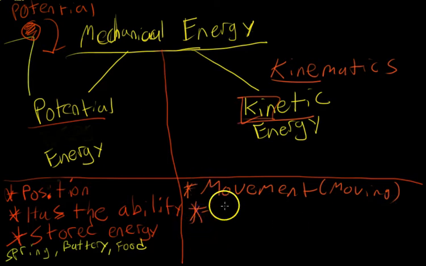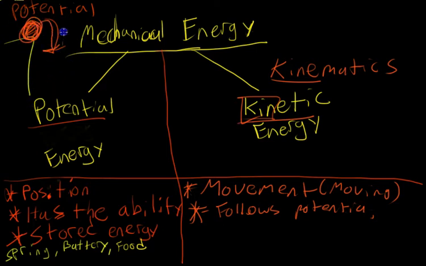So it usually follows potential energy, right? Because if we see that with this boulder, it has a lot of potential energy, right? Then it falls, and it starts building kinetic energy because it's moving, and it starts losing its potential energy because it's getting closer and closer to the ground. Let's give some examples.